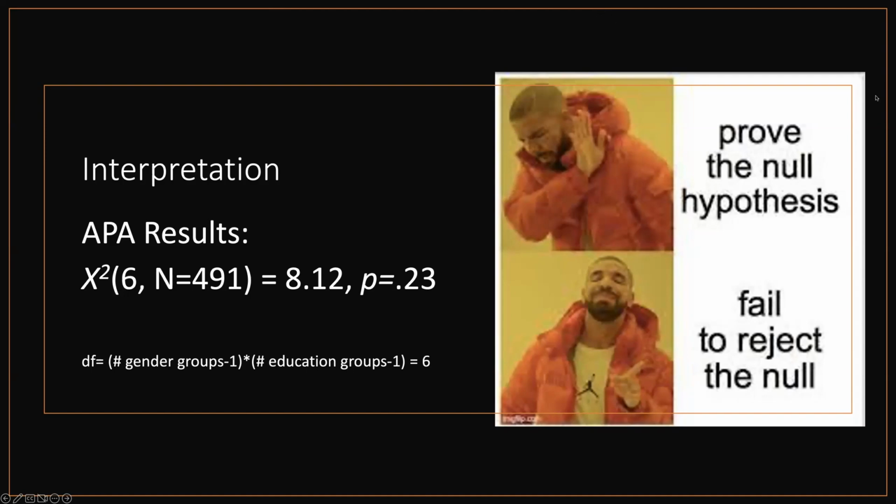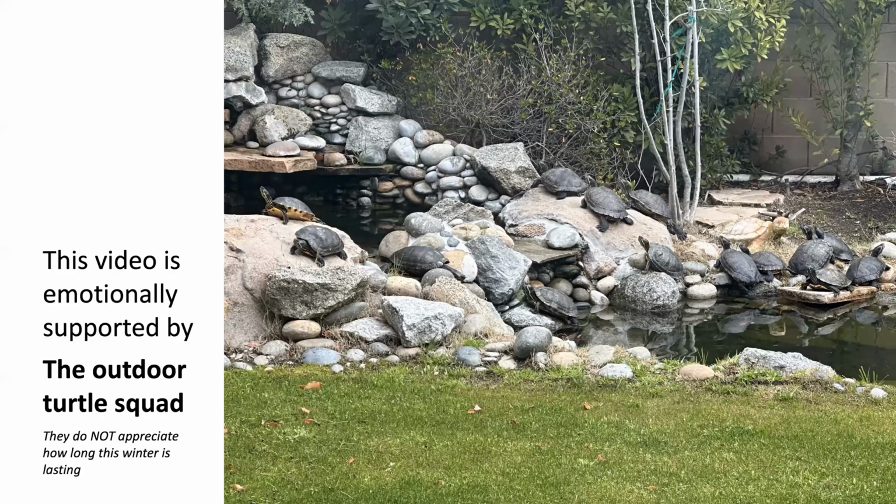So again, this idea of chi-square, the purpose is that we're comparing the frequencies in each of our variable groups, so each of our levels of 2 variables, and seeing if there's a dependence between them. So we talk about the chi-square test of independence, but you'll hear dependence, relationship, lots of different ways that people might talk about it. So that's the end of this video, and then we will continue to talk about more analyses in the future.